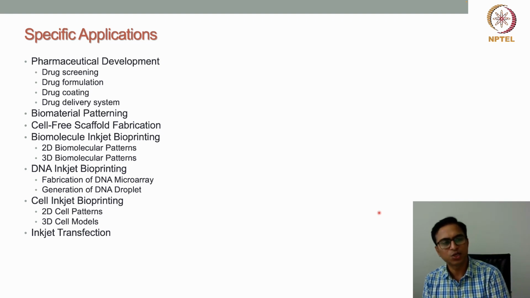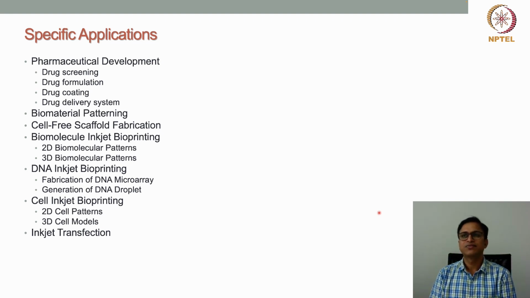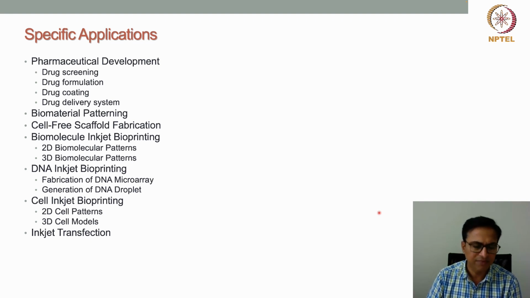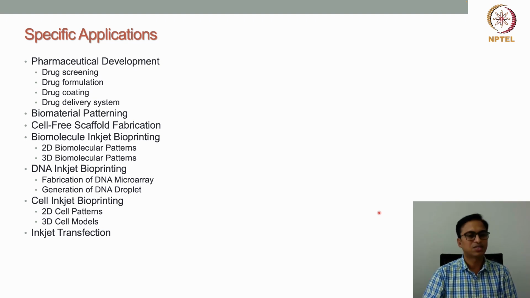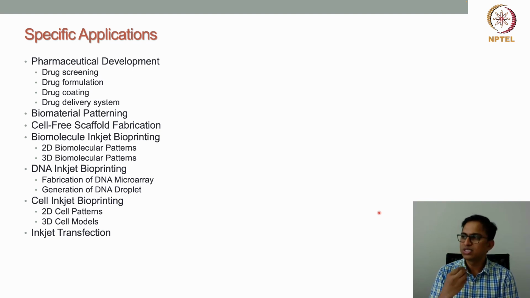Similarly, another application is drug coating. Certain drugs are very reactive to certain environments or conditions, so coating is an important phenomenon there, where the drug can be preserved or controlled. Also, our interest may be to coat certain drugs with some material so that drug dissolution can be prevented at certain areas.